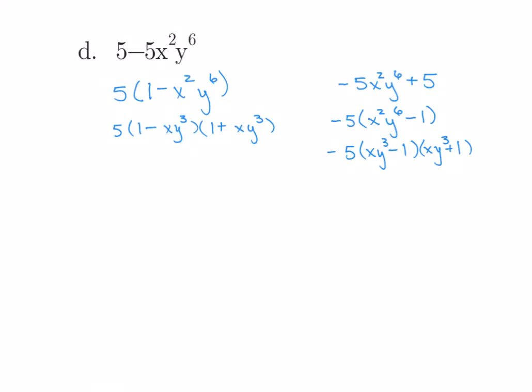So that's two different ways that you can handle this, and either one of them would be considered correct. This one, you do not have to write in descending order if you don't want to, mostly because this first term, since it's positive, it's not going to be all that difficult in order to factor it.